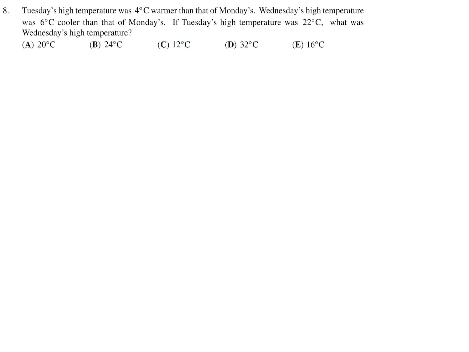Tuesday's high temperature was 4 degrees warmer than Monday's. So this is Tuesday, this is Monday. So if Monday was, say, X, Tuesday was 4 degrees warmer, so X plus 4. Wednesday's high temperature was 6 Celsius cooler than that of Monday's. So if this is a Wednesday, it would be X minus 6.